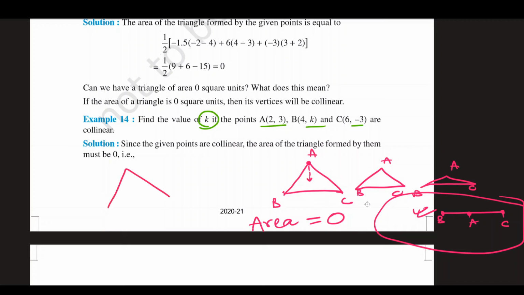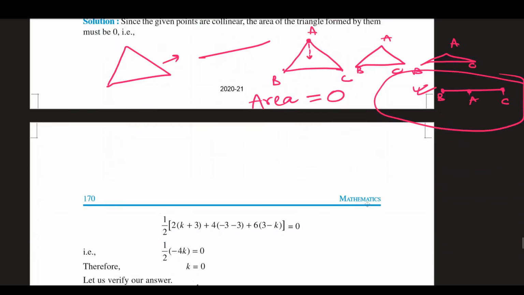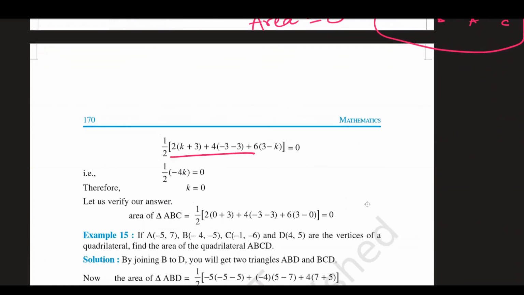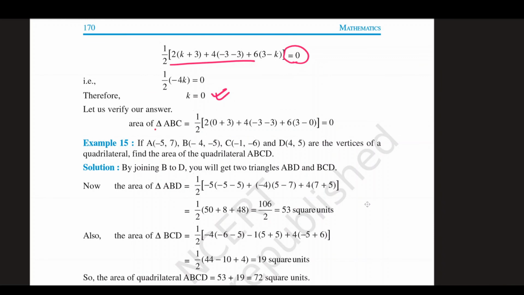The triangle shrinks to a line, and we just have to find the area in terms of k and put it equal to 0. It is not very correct to say that it is a triangle ABC, but the question says so. It will not be a triangle but a simple line, and we can check this through this formula.